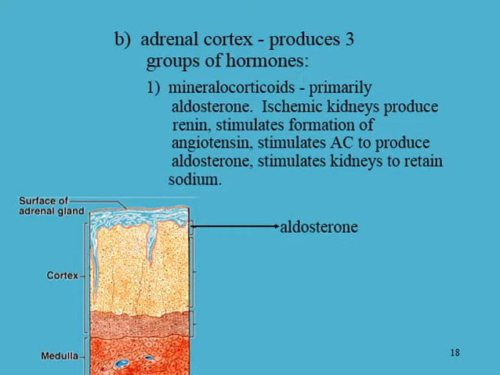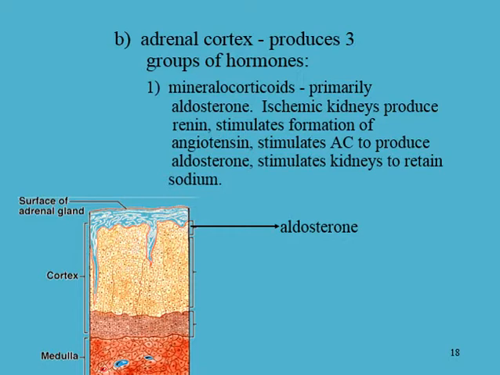When we get to the cardiovascular system and the urinary system, we're going to look at this mechanism in a lot more detail. But for now, we just need to know that renin causes the formation of this hormone called angiotensin. Angiotensin stimulates the adrenal cortex to release aldosterone. Aldosterone stimulates the kidneys to retain sodium. And when sodium is retained, water is retained.